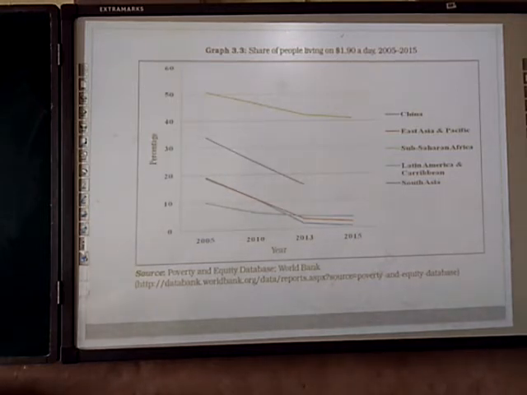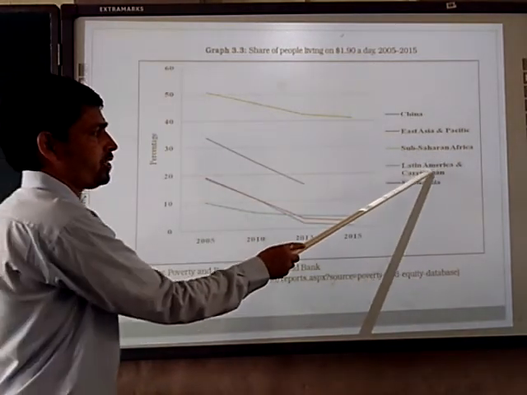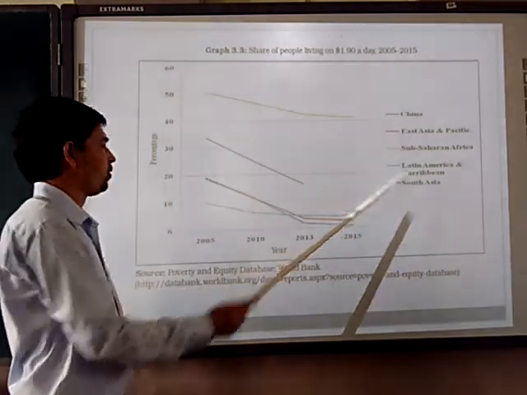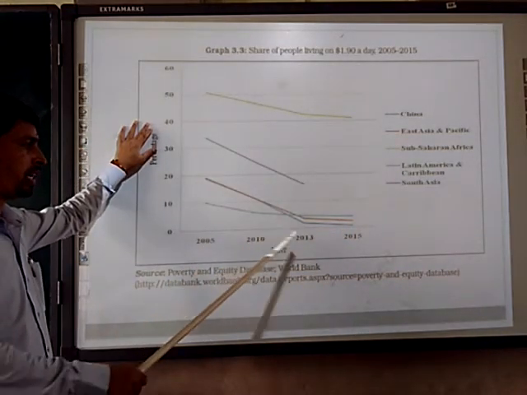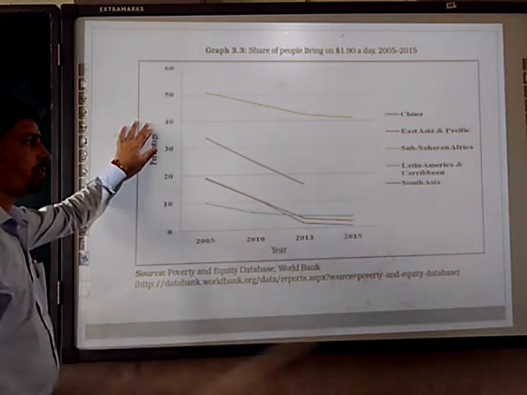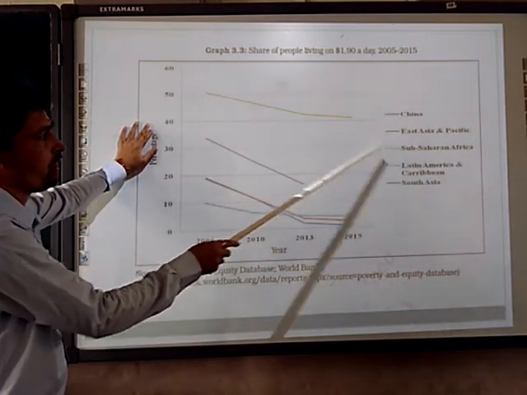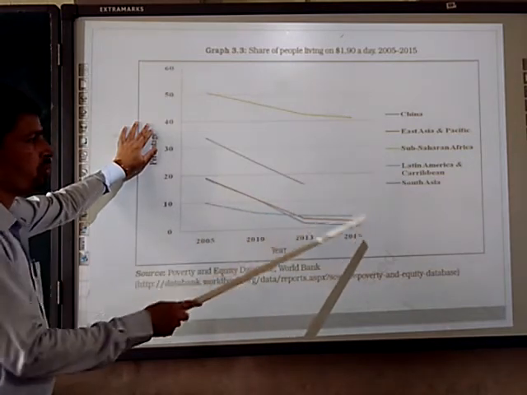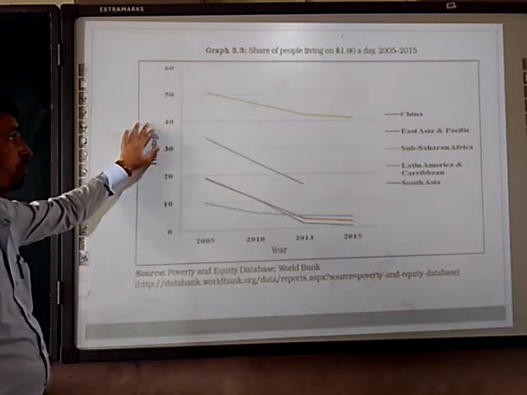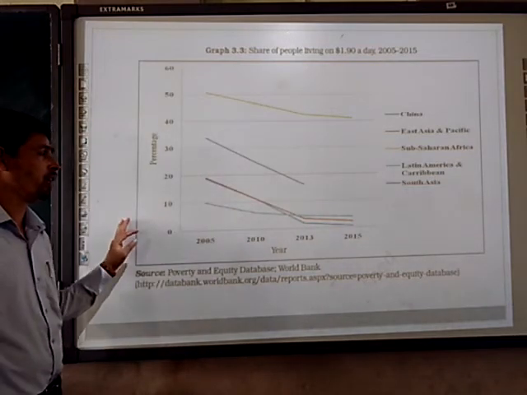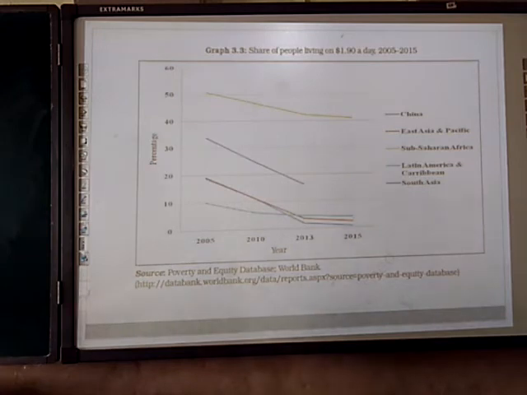It covers China, East Asia and Pacific, Sub-Saharan Africa, Latin America and Caribbean, and South Asia, with percentages for 2005, 2010, 2013 and 2015. The green one is Sub-Saharan Africa, the bluish one is Latin America, and South Asia is this one. You can see from this graph where it is growing and what it is saying.